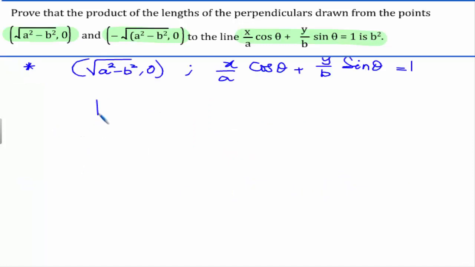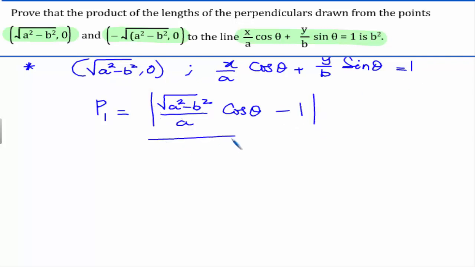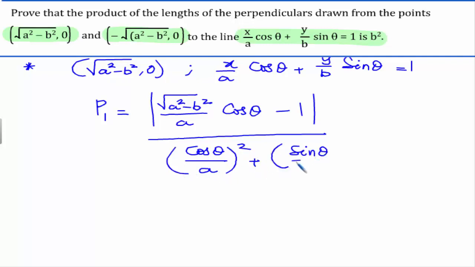We get here, let us call this as P1, the distance, which is x is here square root of a square minus b square by a cos theta, and y value is 0, anyhow this will be 0, and c is minus 1 here, by square root of (cos theta by a) whole square plus (sin theta by b) whole square.